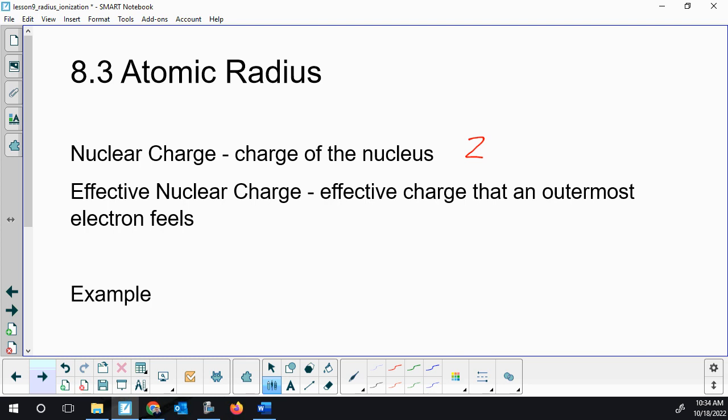Now what really matters to size is a concept called effective nuclear charge. Okay? What does an outermost electron feel? Because an electron way on the outside, a valence electron, isn't going to feel the full charge in the middle. There's lots of things between the outside and the very middle blocking.